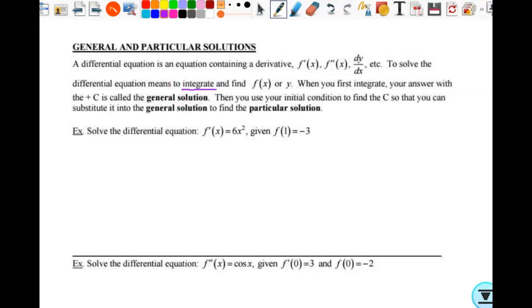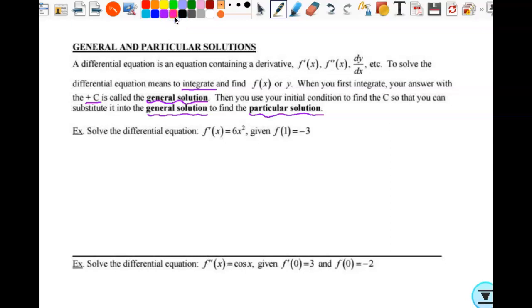When you first integrate, your answer with the plus c is called the general solution. It's plus some constant, which could even be 0. Then you use your initial condition to find c so that you can substitute into the general solution to find the particular solution. So we get a little bit more specific. All right. So what that means, all those wordy words.